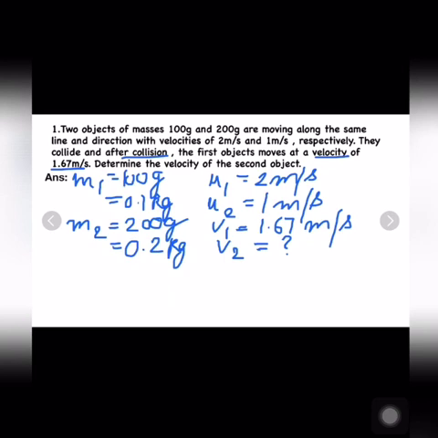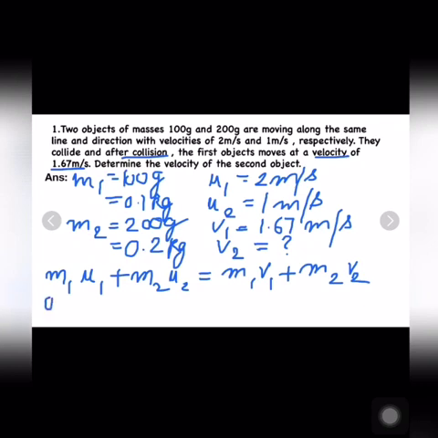Now apply the formula for law of conservation of momentum, that is m1u1 plus m2u2 equal to m1v1 plus m2v2. So you have all the values. You have the value of m1u1, m2u2, m1v1 and m2, and you have to find out the value of v2.